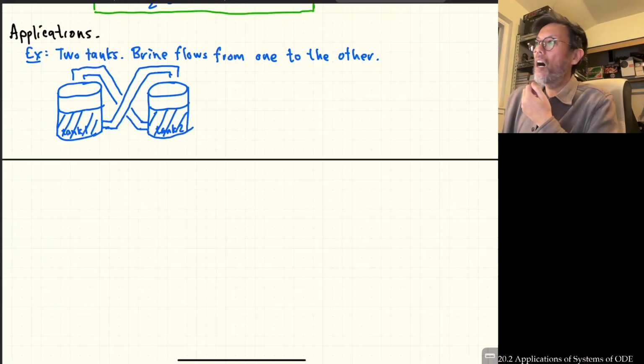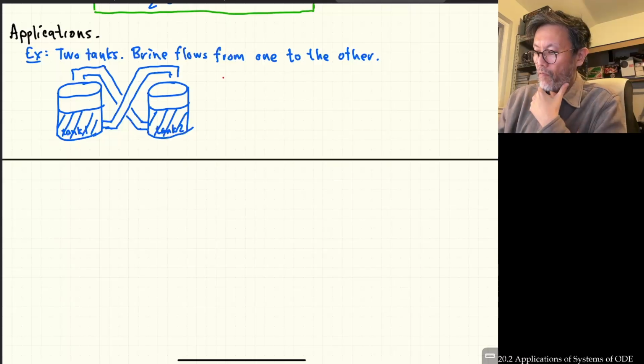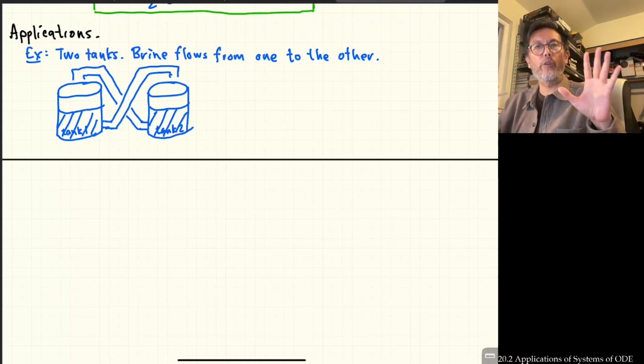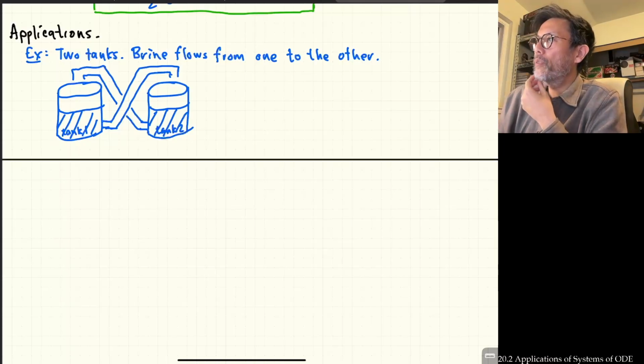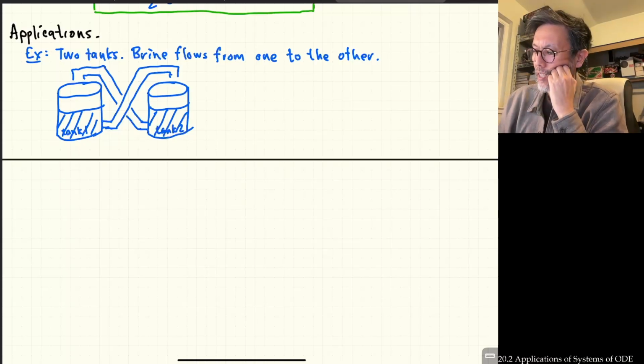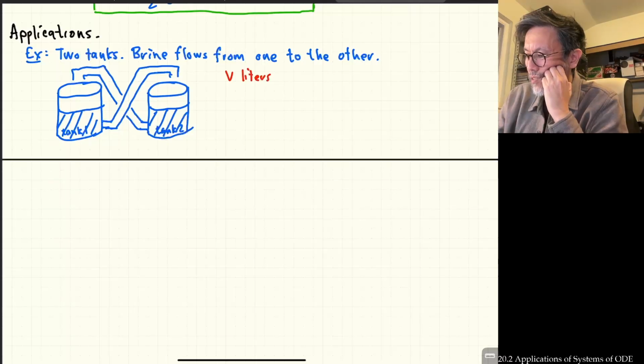All right. The idea is that we're going to have, let's say that the volumes of solution in each are the same. So suppose that we have V liters of solution in each tank.